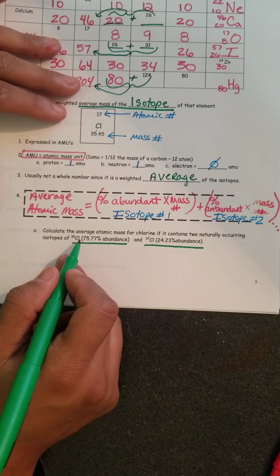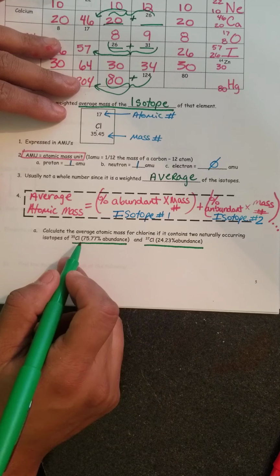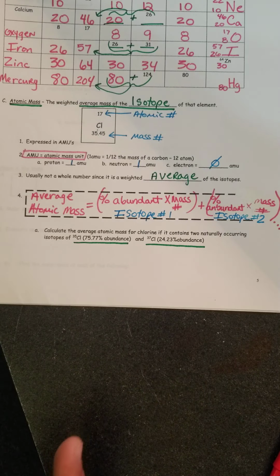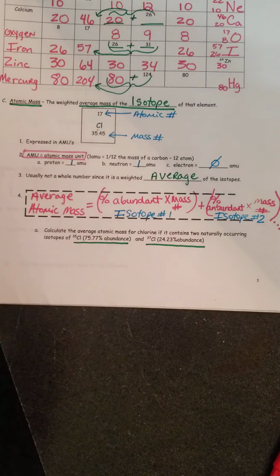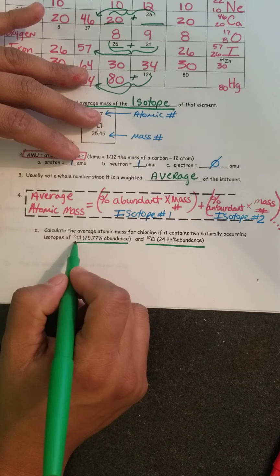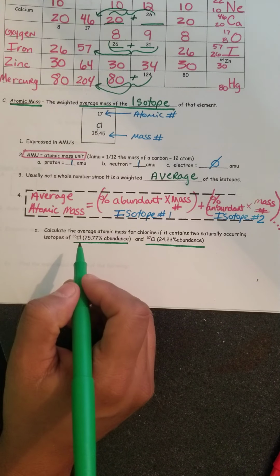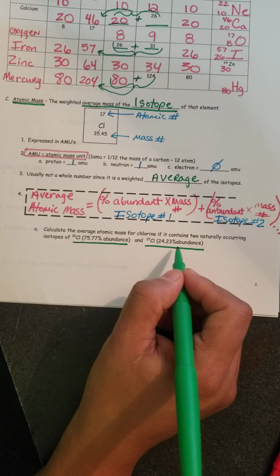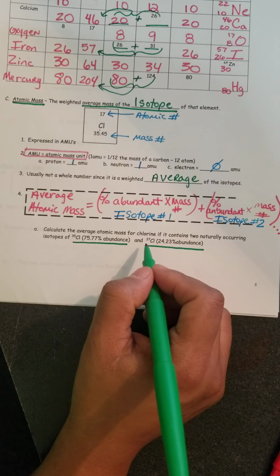That's the mass number, not the atomic number. Now, chlorine 35, when we look at it in the world, if we were just to grab a big chunk of chlorine, 75.77% of it would be chlorine 35. Okay? 24.23% of it would be chlorine 37.